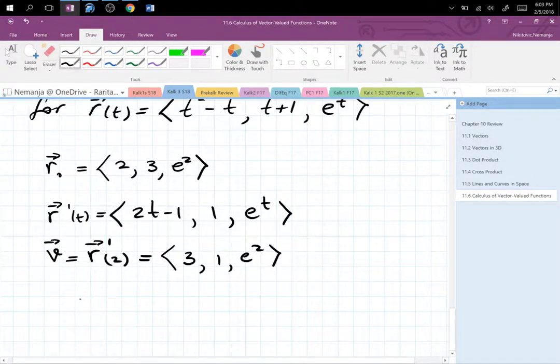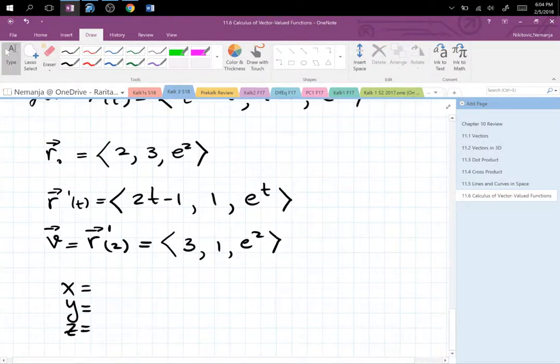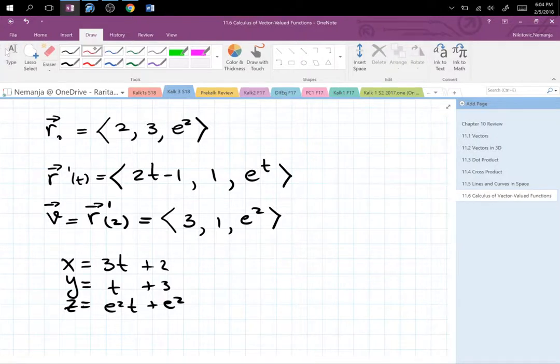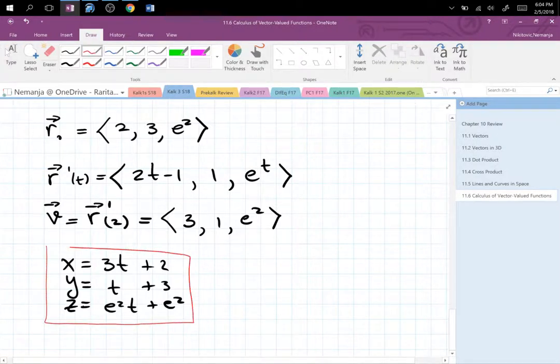So my equation of the line x, y, z is going to be 3t, t, e squared t, plus 2, 3, e squared. So that's one form.